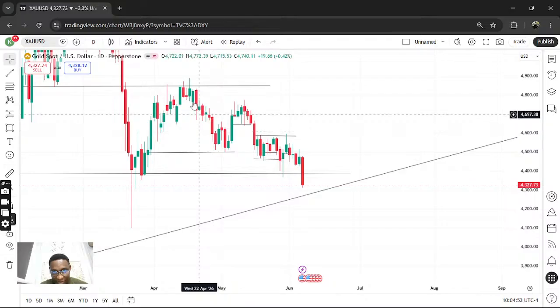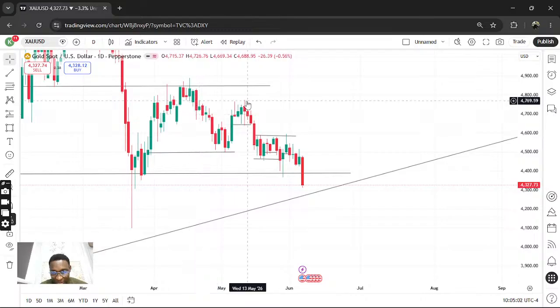So this is your order block. And then market returned on it and wasn't able to take it out, and then traded down, taking out this low. And it is still trading within this particular order block at this point.